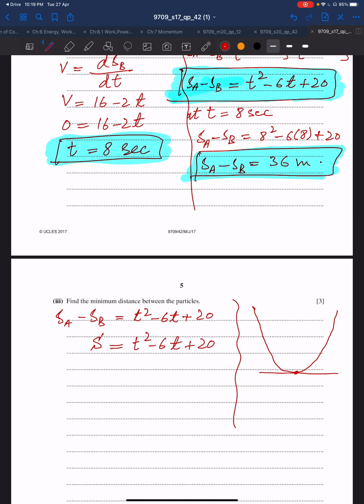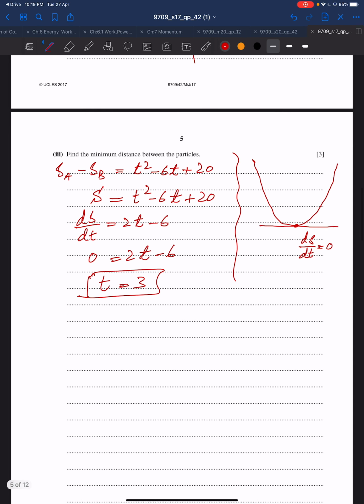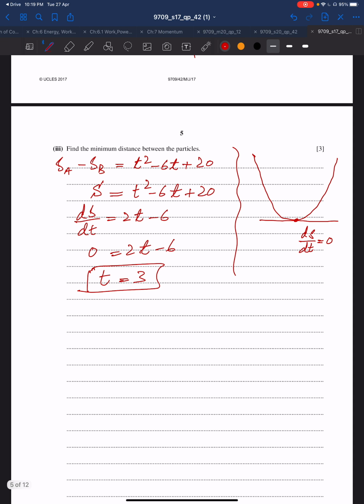You know that if you draw the tangent at this point, its gradient will be equal to 0. So ds over dt at this point will be 0. We find ds over dt is equal to 2t minus 6, and setting this to 0, 2t minus 6 equals 0, so t is equal to 3. That means at t equal to 3, the difference between the particles will be the minimum.